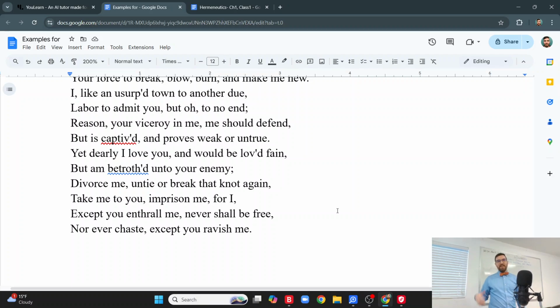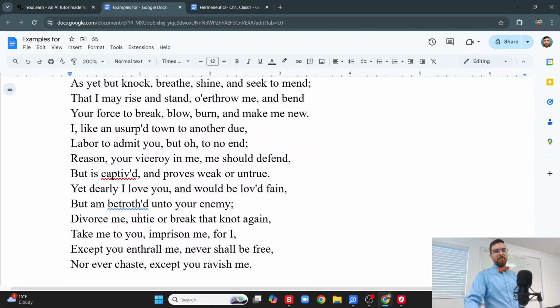Like, whoa. So he's describing what's very similar to Paul's description of the battle that he has in Romans 7. It's similar to that, but in a love poetry type way. He's betrothed to God's enemy. And so he says, divorce me from that, untie me and break that knot again, take me to you, and make me a captive of you, Lord, or else I'll never be free.